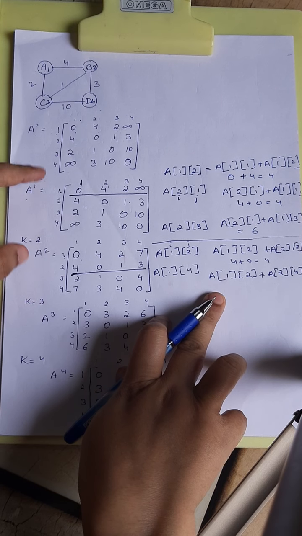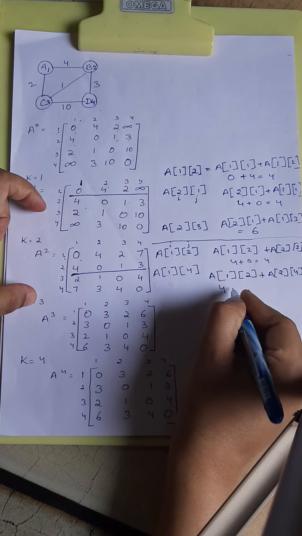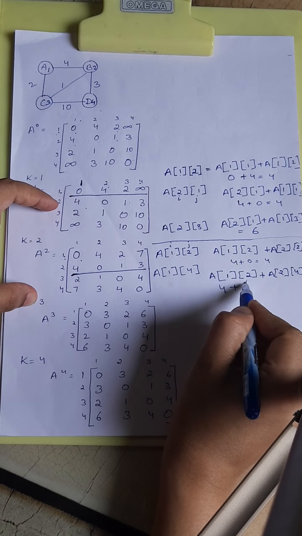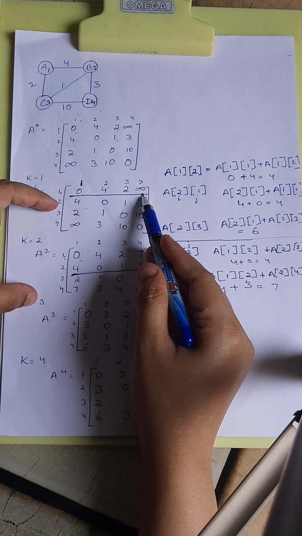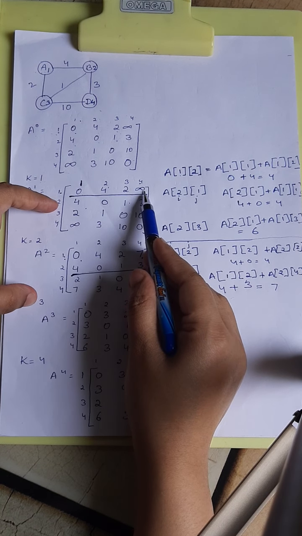So now a of 1 2 is 4 plus a of 2 4 is 3. So this will be 7. So instead of writing infinite, now we can replace it with 7 because 7 is less than infinite.